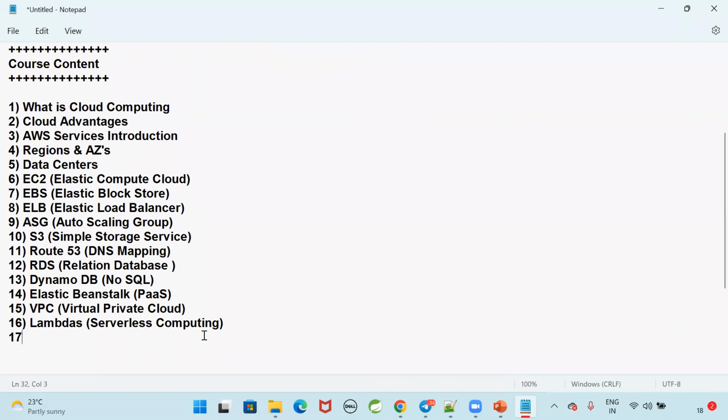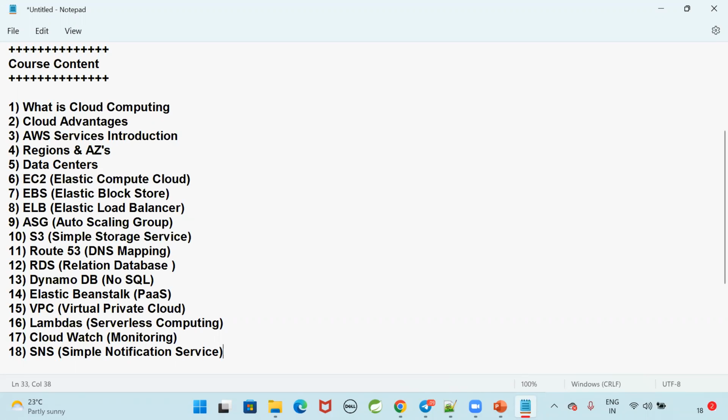Then we'll talk about CloudWatch, which is used for monitoring purposes. The resources we are creating in the AWS cloud, we need to monitor. For that, we are going to use CloudWatch. And we'll talk about the SNS service. SNS stands for Simple Notification Service.